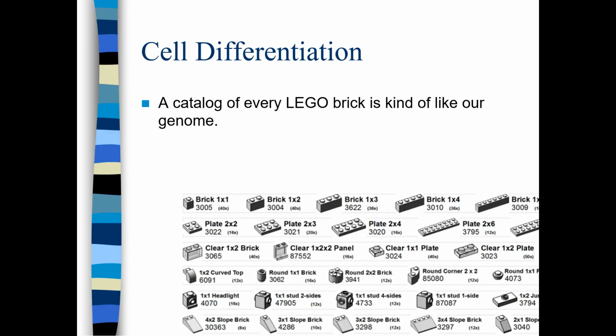So let's analogize this. Let's see if we can make this relatable. Imagine that your genome, all the DNA in every single one of your cells, is like a catalog of Lego bricks. I love Lego bricks. It's a great analogy for just about anything I teach.